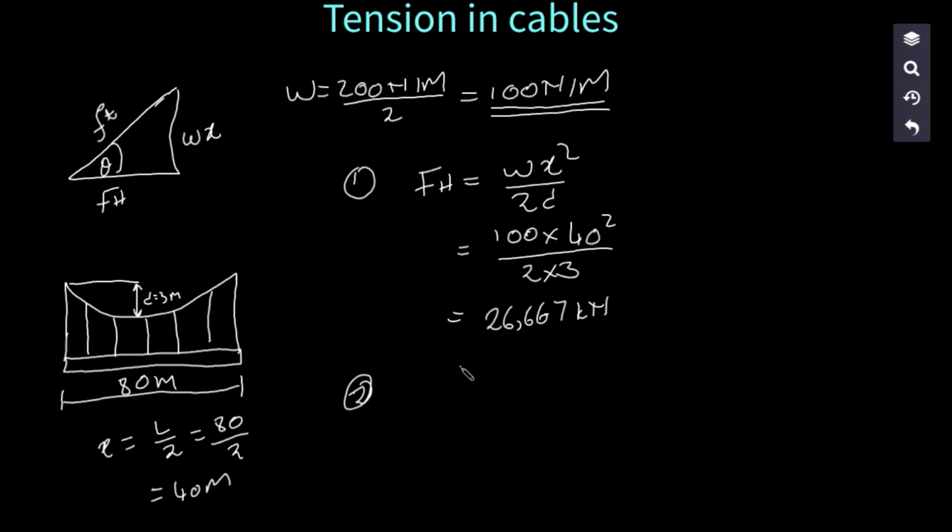They say calculate the maximum tension on the cable. Ft is equal to the square root of Fh squared plus Wx squared.